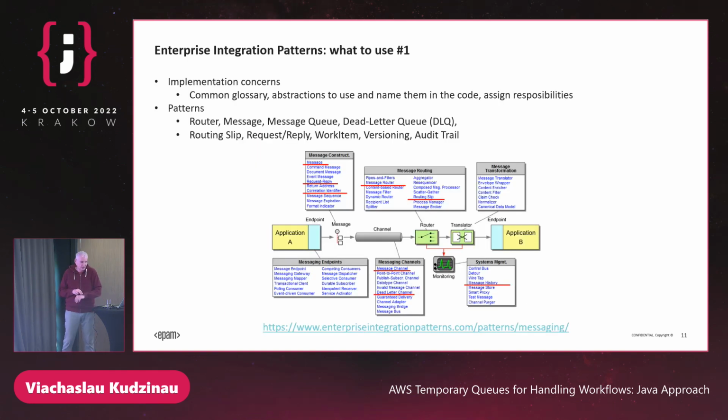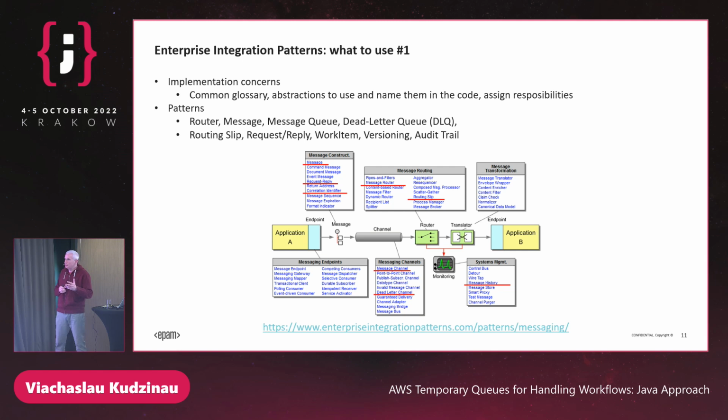So the next thing to do is about enterprise integration patterns, what to use basically. Okay, we decided we will change our synchronous communication to an asynchronous one, and so here we immediately get the implementation concerns, right?